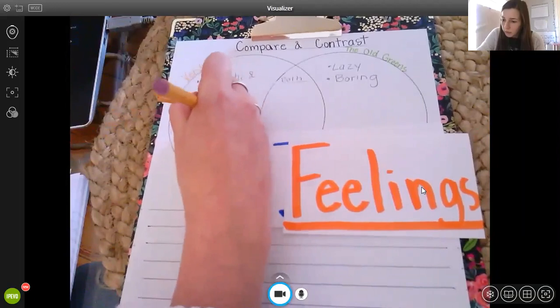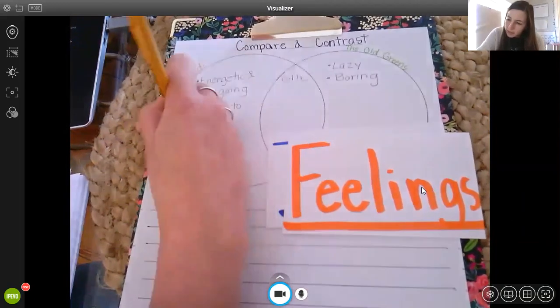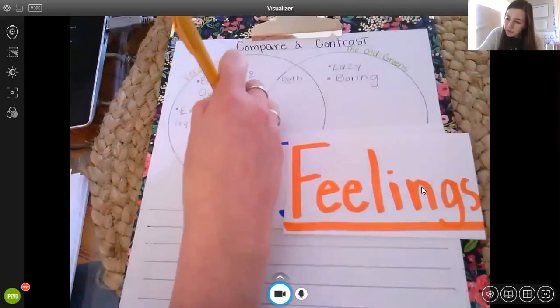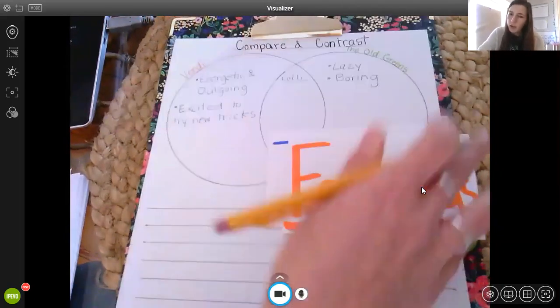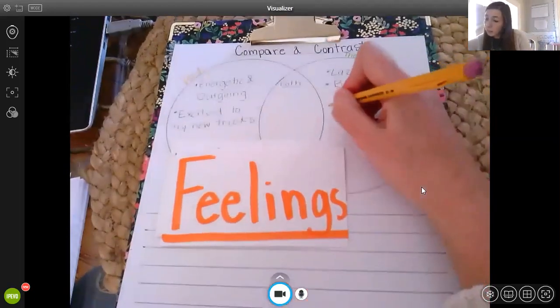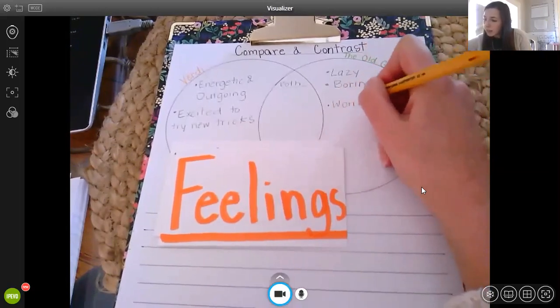Remember when he flew through the air? Okay, so he felt excited as he tried his new tricks, while the old greens, on the other hand, felt very worried or concerned for Verdi when he did his tricks.